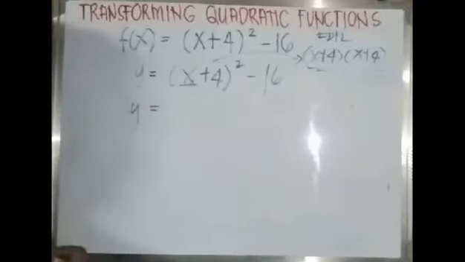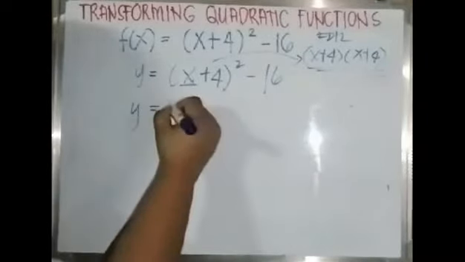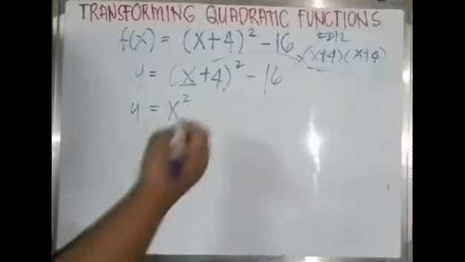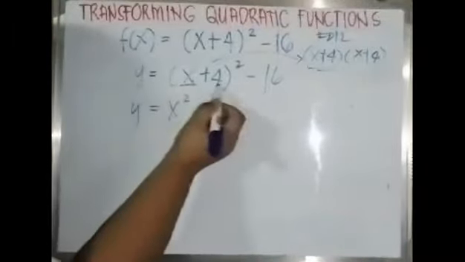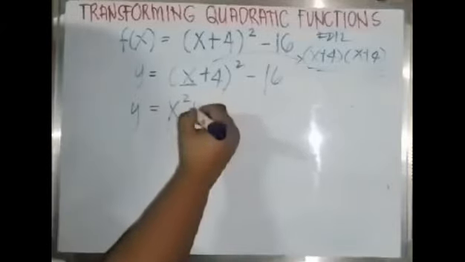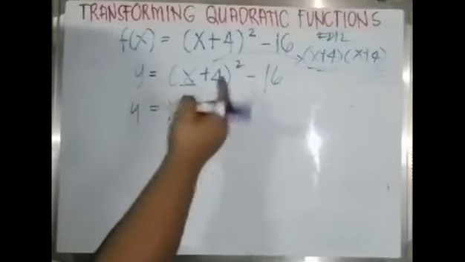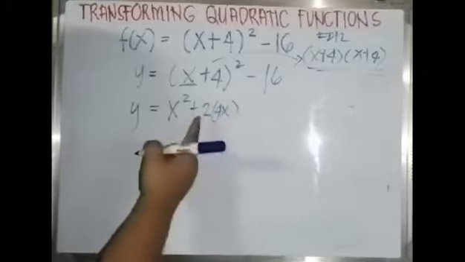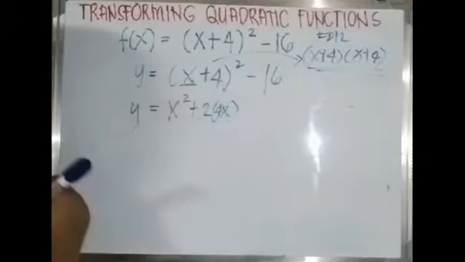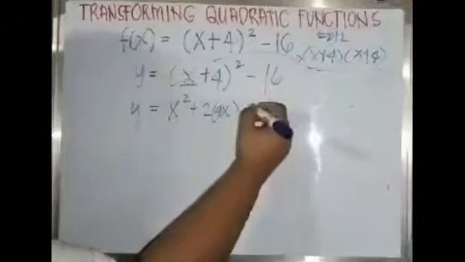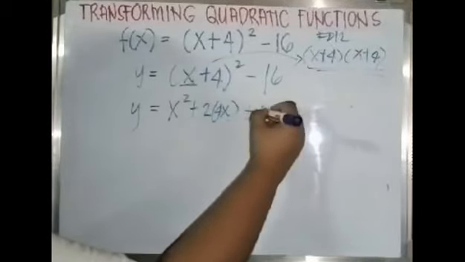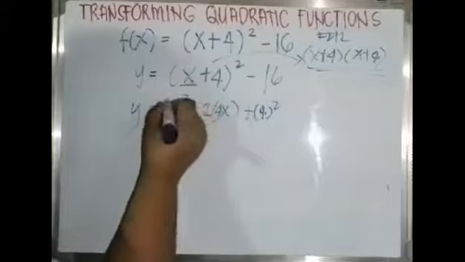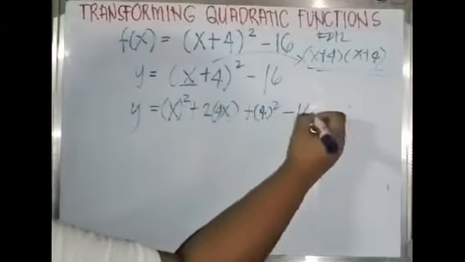Square your first term. Meaning to say x times x, that's x squared. The next term will be twice the product of your first term and the last term. So, plus twice the product, x times 4, that's 4x. Twice the product of your first term and your last term. And then, square your last term, which is 4 squared. And then minus 16.